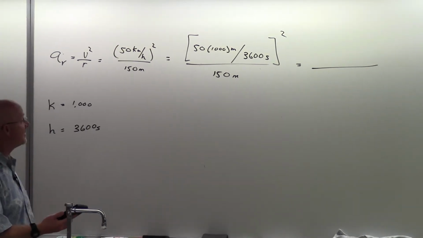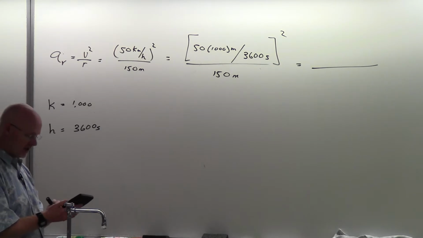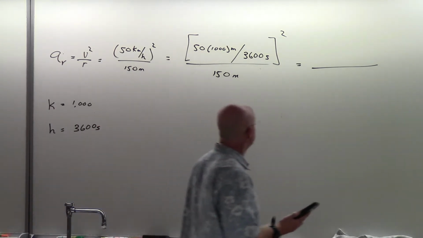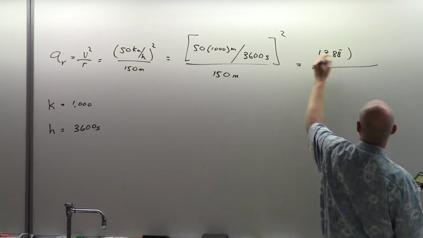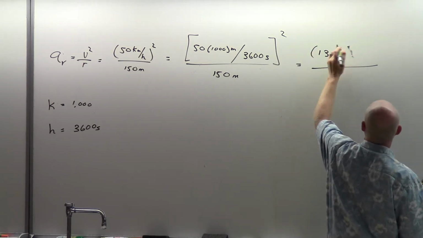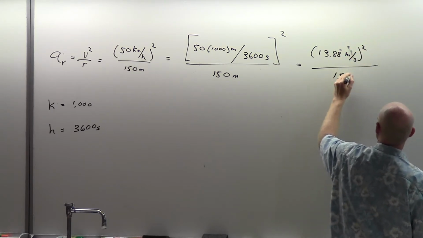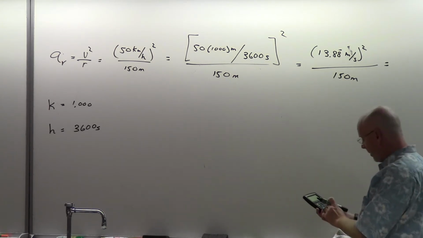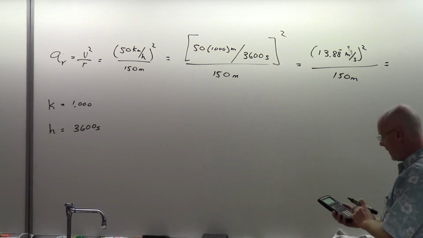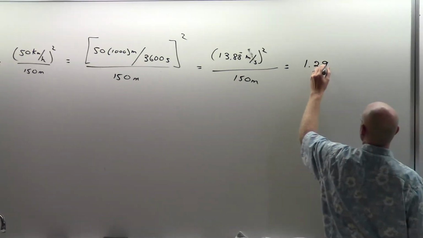I'm just going to enter that as 50,000 into my calculator, and then divided by the 3,600 comes out to be 13.8 repeating meters per second, over 150 meters. Squaring that number and dividing it by 150 comes out to be 1.29.